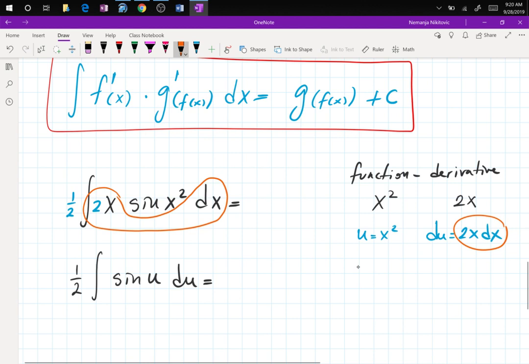Now we integrate. We have a basic integral here of sine. So what's the integral of sine? Very good. And then I don't care about u, I care about the x, right? Which means we put the x squared there, plus c, and there it is. I'm going to remove the peanut.